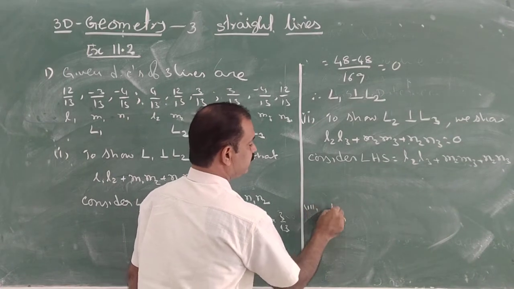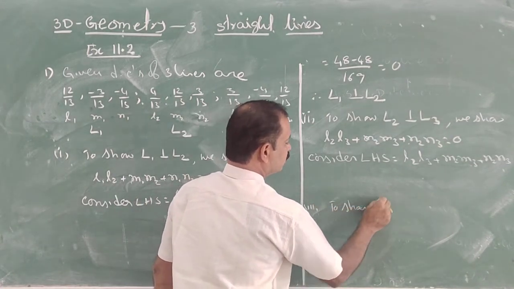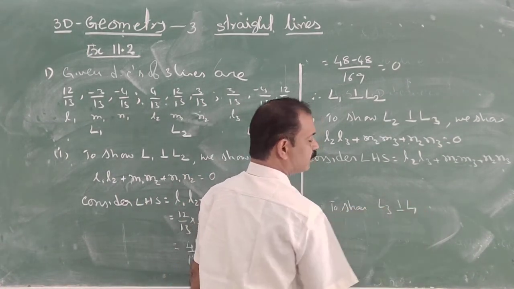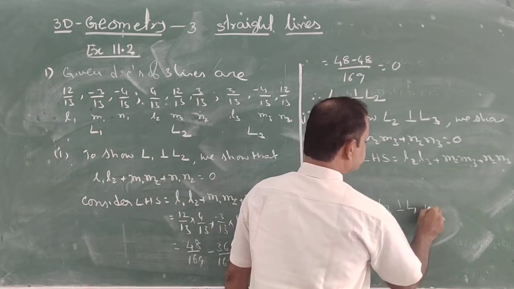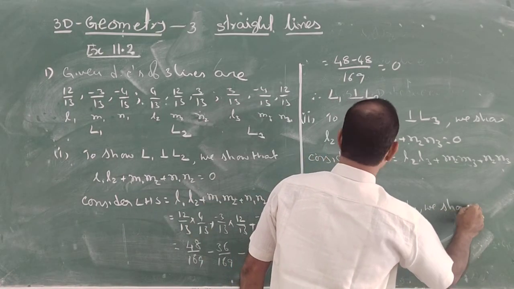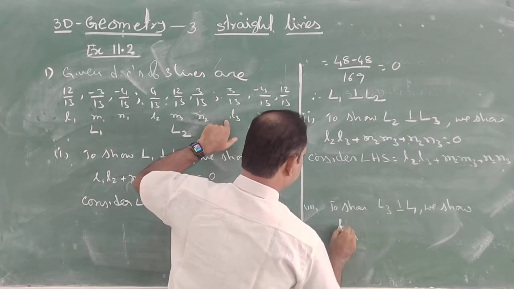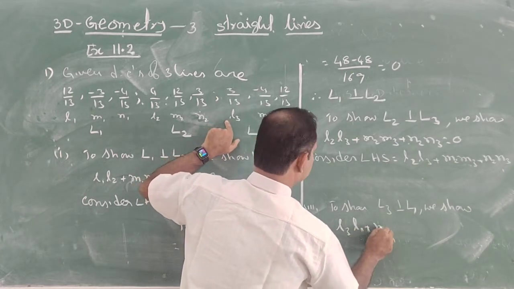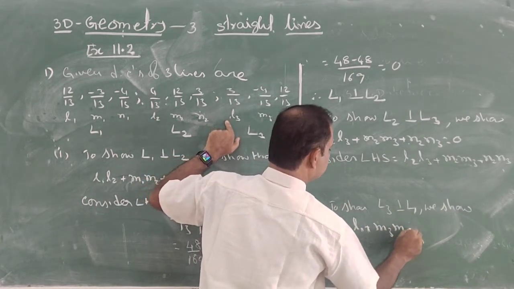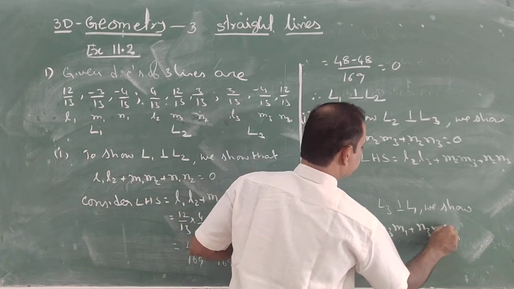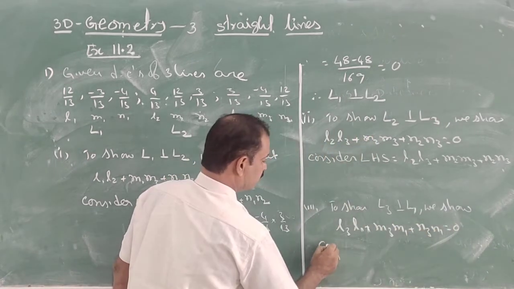Then the third one is to show line 3 is perpendicular to line 1. We show that l3 into l1 plus m3 into m1 plus n3 into n1 is equal to 0.